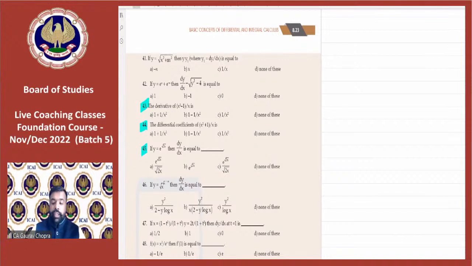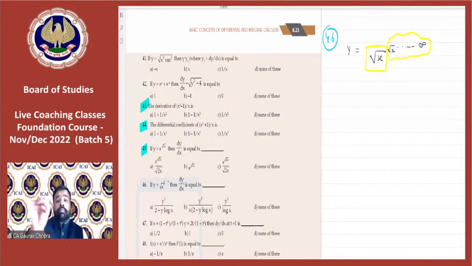This is a completely different question. We can try this as well. y is equal to root of x to the power of again root of x, and again power, and so on up to infinity. So root x, again power of root x, again power of root x, and so on up to infinity. If we hide this first root of x, then the remaining will again become the question.